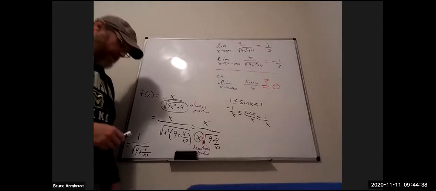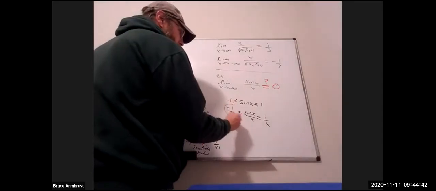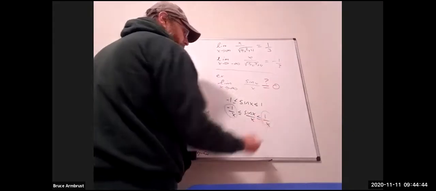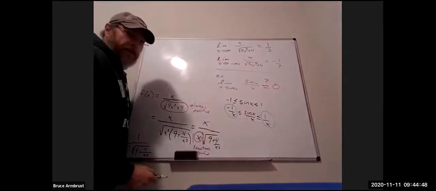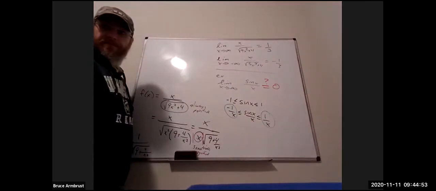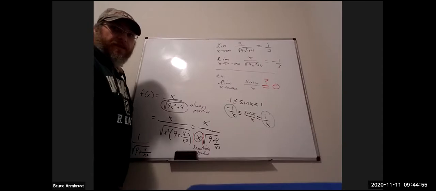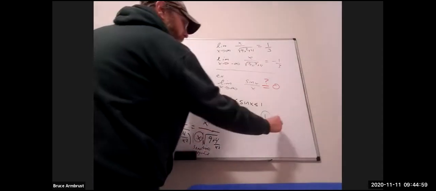Okay, so now let's look at the limits of these two. What happens to those as x goes to infinity? So what happens to 1 over x? What's its limit as x goes to infinity? All right, thanks, Bailey. It's 0.